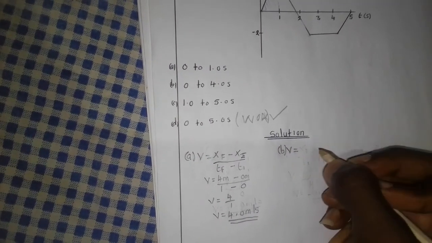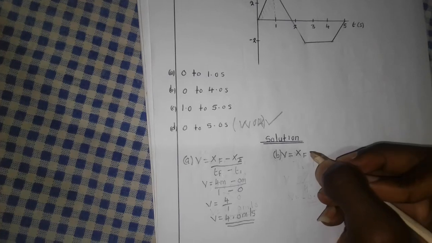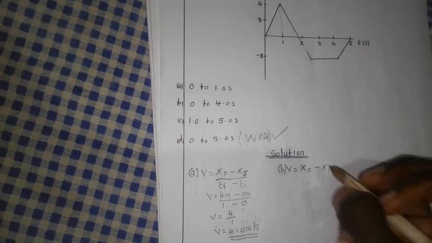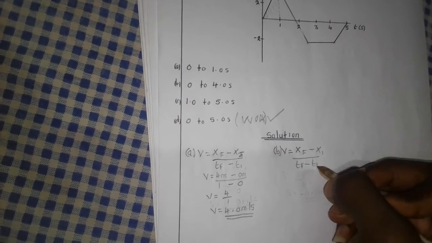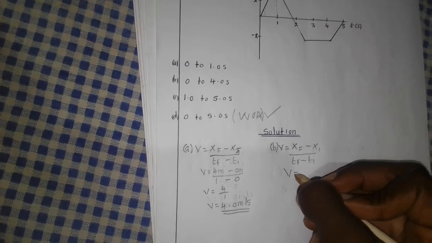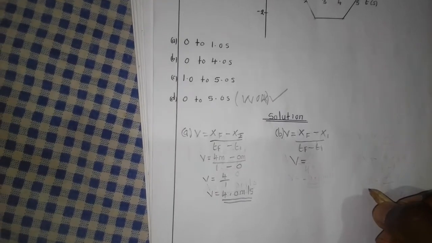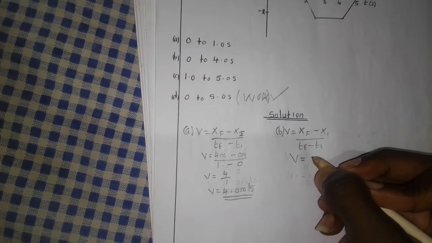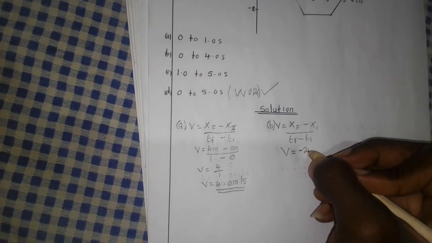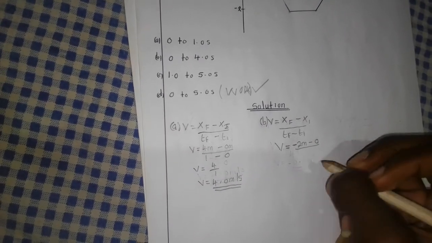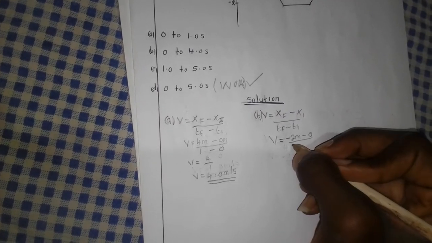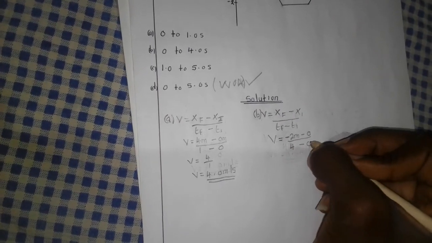Therefore, we use the same formula. V is equal to x final minus x initial over time final minus time initial. What was the final distance? It was simply -2 meters minus 0, which happened to be the initial, over the time: since we are moving from 0 to 4 seconds, our final time was 4 minus 0.